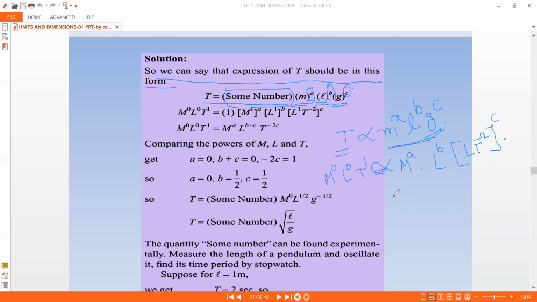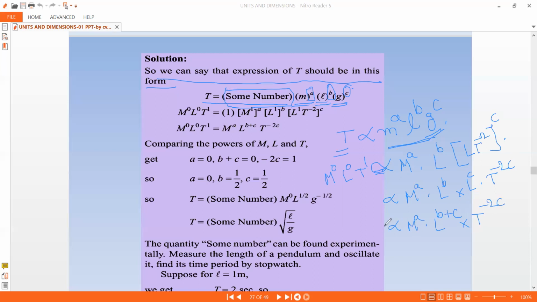So let us write this as M^A into L^B into L^C into T to the power of minus 2C. Like this you can write. So this is proportional to M^A into L^(B plus C) multiplied by T to the power of minus 2C.